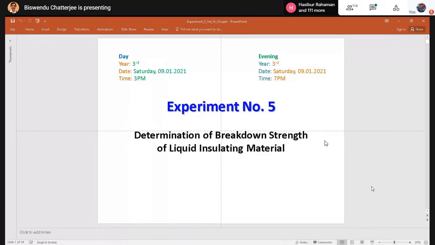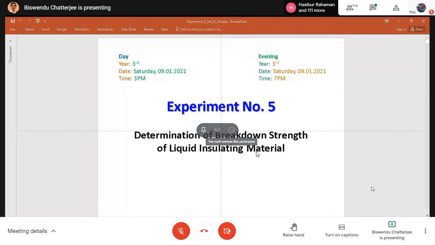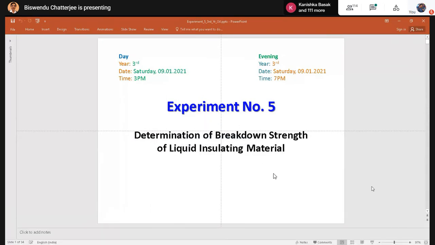So as introduced by sir and Professor Shobhan Dalai, we are into experiment number 5, that is determination of breakdown strength of liquid insulating material. Now, yesterday we studied solid insulating material.